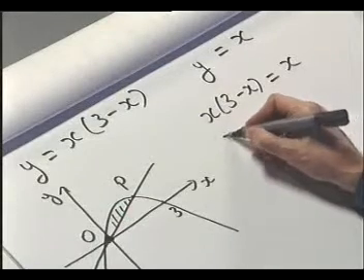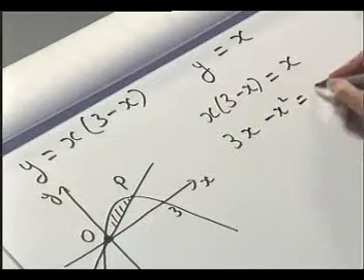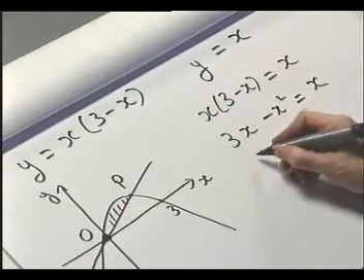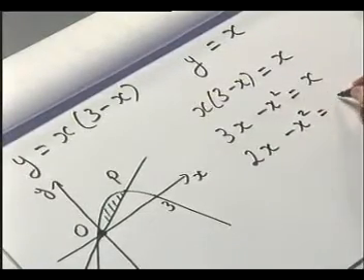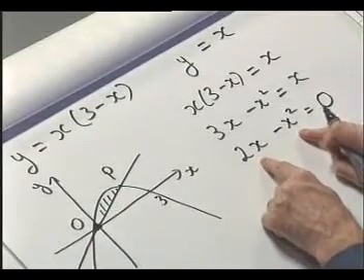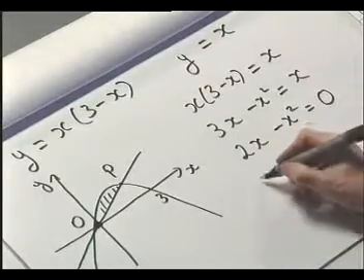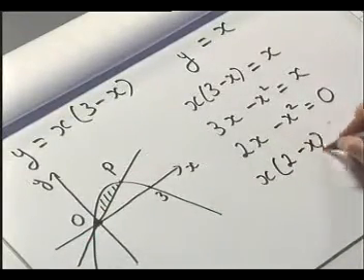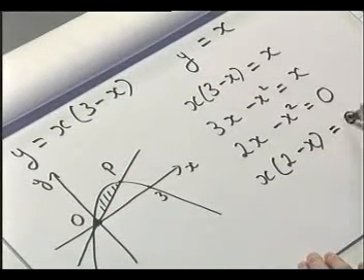Multiply out the bracket. 3x minus x squared is equal to x. Take x away from both sides. 2x minus x squared is then 0. This is a quadratic, and it factorises. There's a common factor of x in each term. So we can take that out, and we're left with 2 minus x equals 0.